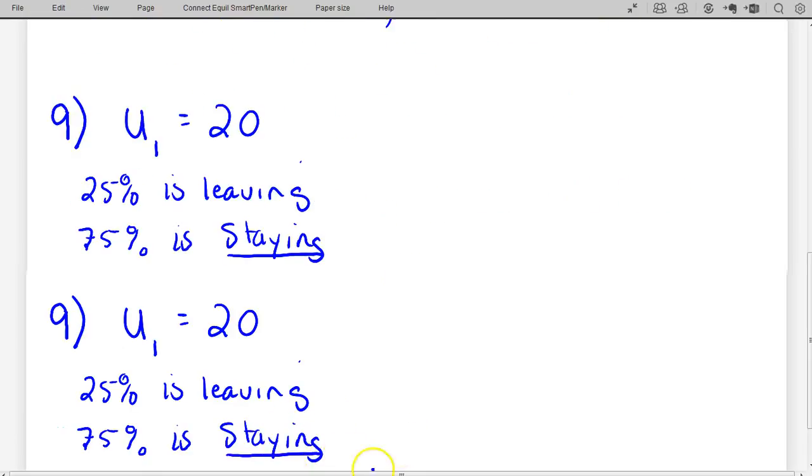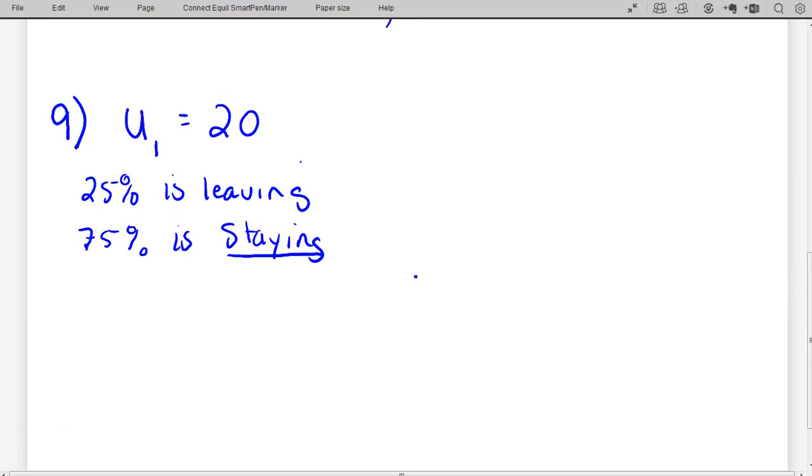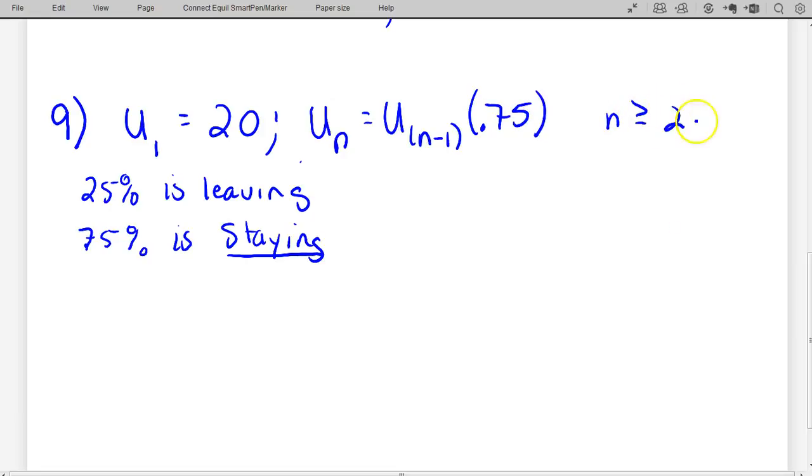I want how much is still in his body, so I'm going to multiply by 0.75. So this wanted a recursive form, yeah. So U sub n equals the day before times 0.75. In my case, n is greater than or equal to 2.